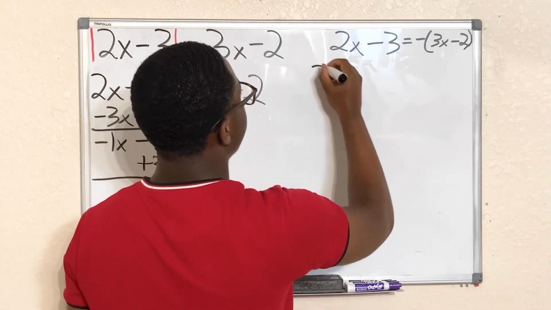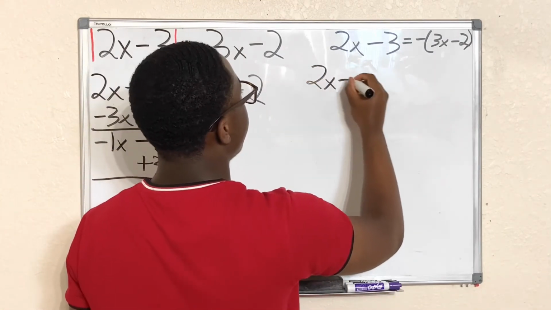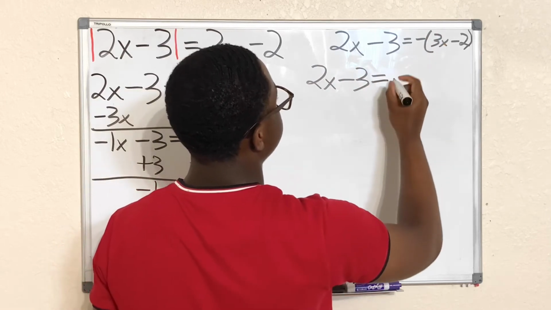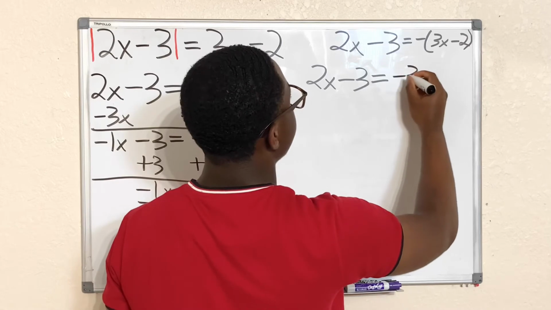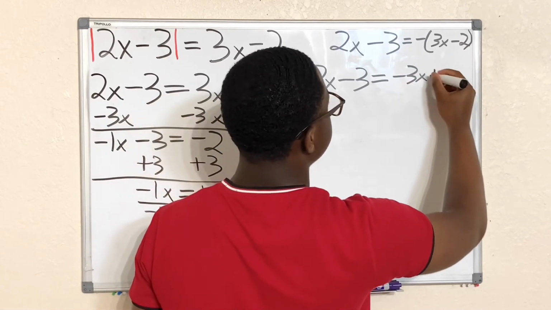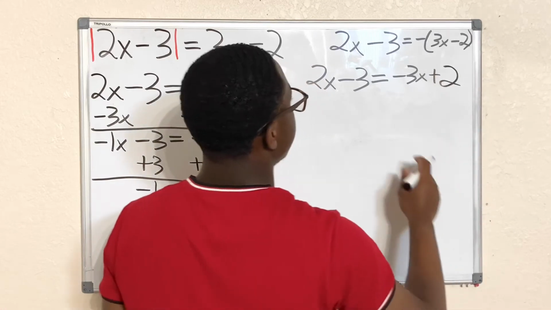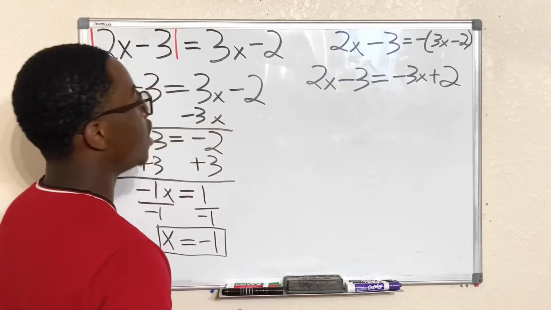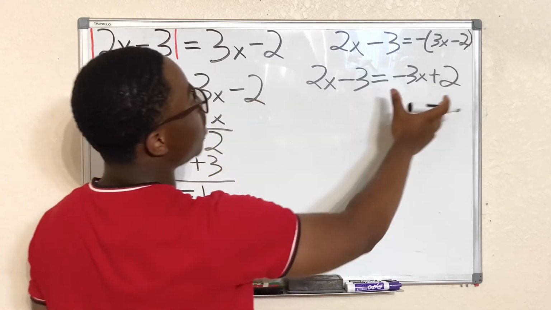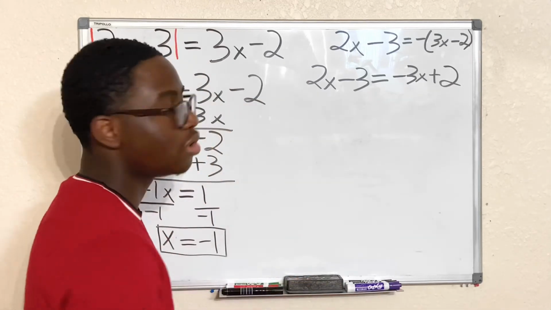So now we have 2x minus 3 is equal to 3x times negative 1, which is a negative 3x, and negative 2 times a negative 1 is a positive 2. So negative 3x plus 2. As you can see here, they are different. Here we have a 3x minus 2. Here we have a negative 3x plus 2.